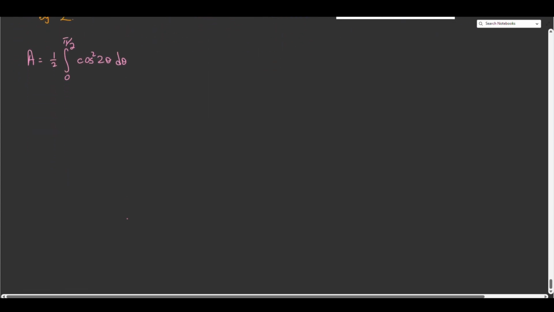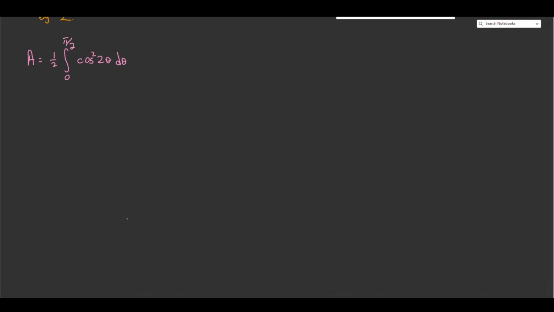And remember, as I told you in the previous lectures, the first thing is we need to get rid of the square on the cosine. In order to do this, we will use the formula which we already discussed previously.